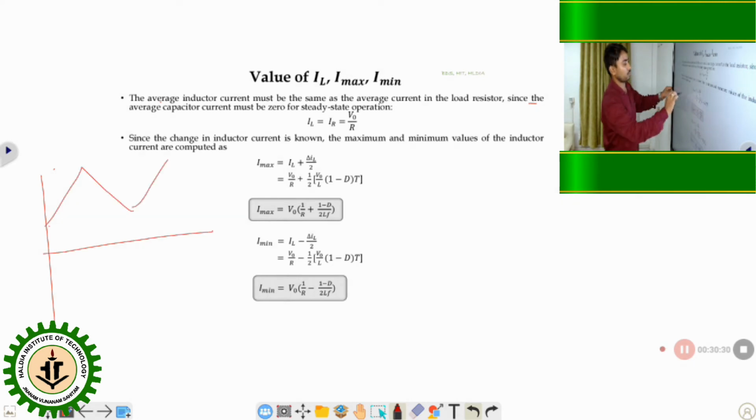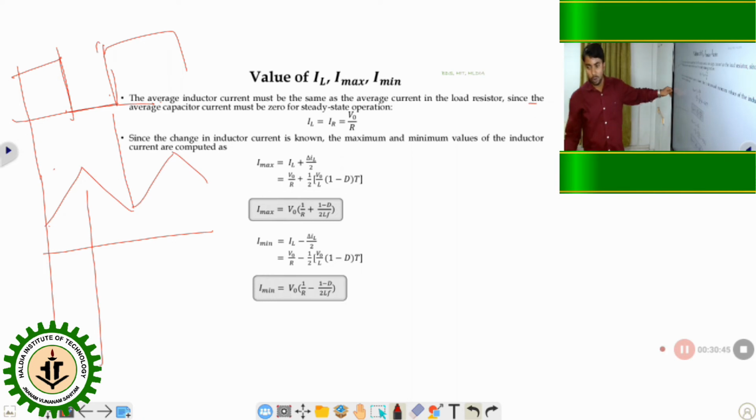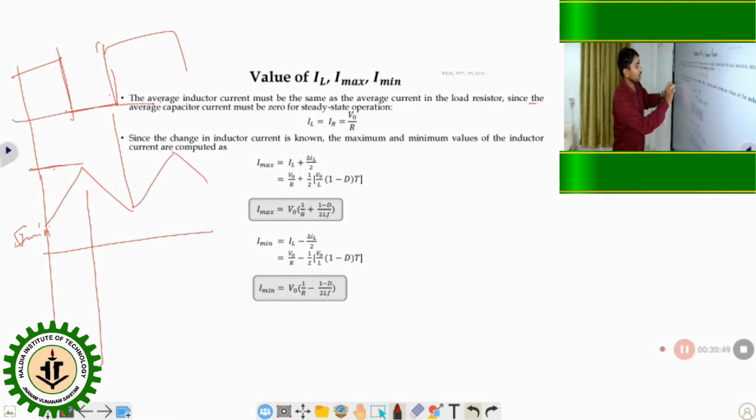This is called I minimum current, and this current is called I maximum. This is the del I, the net change in the current. Del I, the net change in the current, is the difference between I minimum and I maximum. If we take the average current, here it will be the average current.